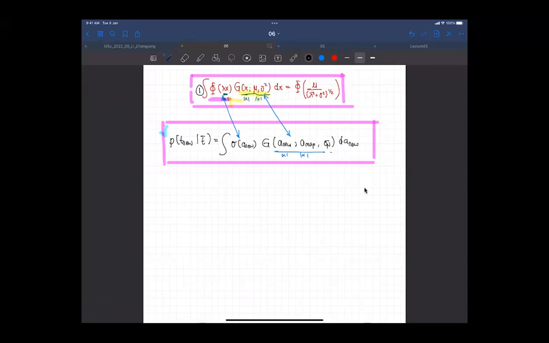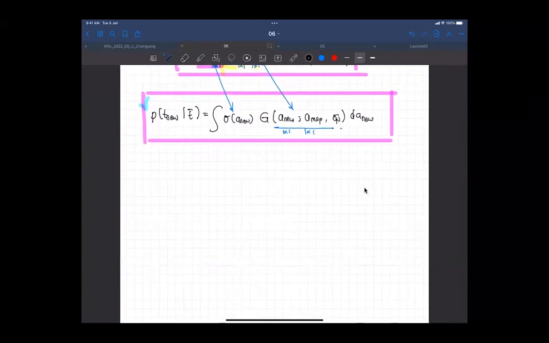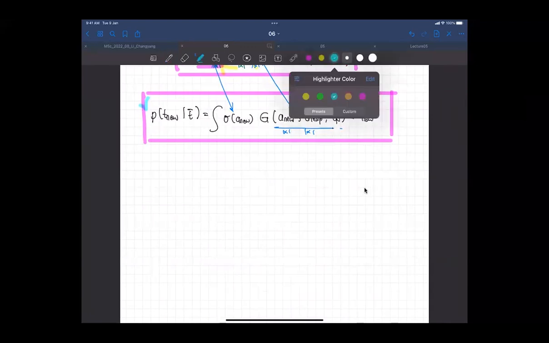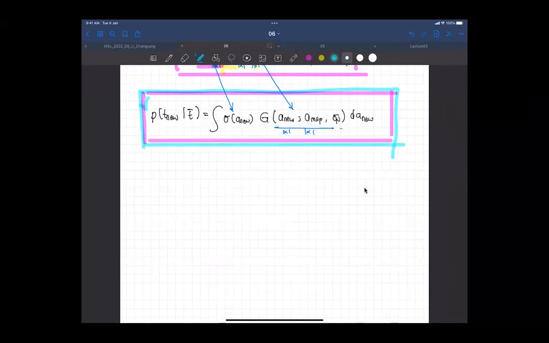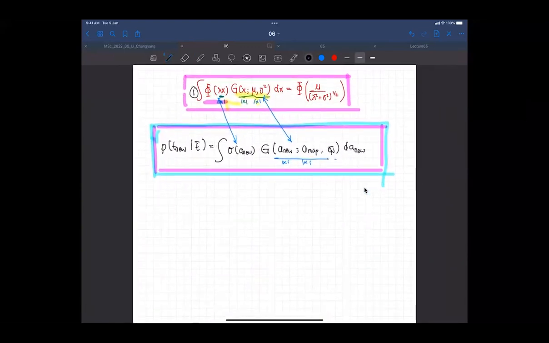No? Okay, so now let's look at how we can solve this one. Basically, we want to solve the blue equation here, which is something that we want to solve. We need to recall the profit. This one is profit, and this one is the approximation, right? Profit approximation or profit convolution.